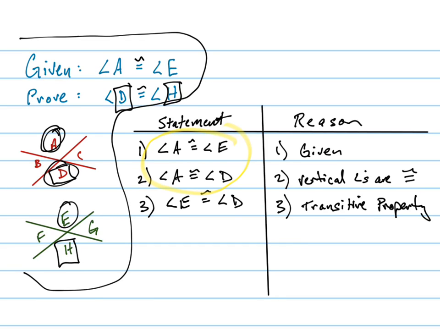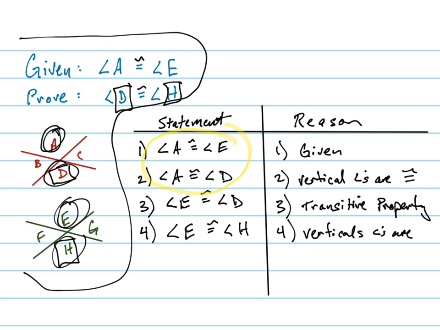Okay, now step 4, I'm going to say, well, I know angle E and H are equal to each other. Angle E is congruent to angle H. And again, why is that? Well, that's because vertical angles are congruent. Same reason, but I write it again so that people know where I came up with that.